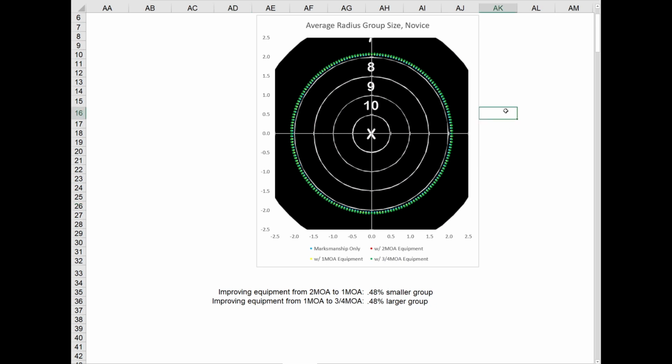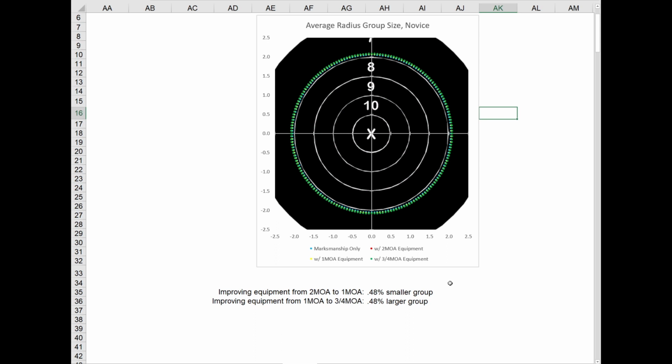So one of the first things that we can see from this is that all of these group sizes are overlaid with each other, which means they're all pretty much the same size. And that's borne out with a couple of pieces of data here.